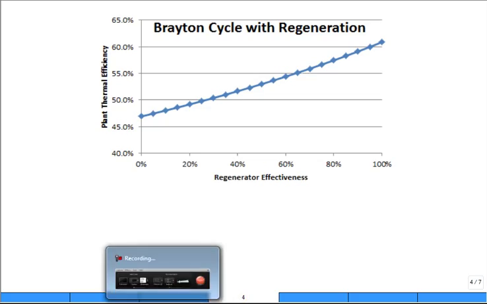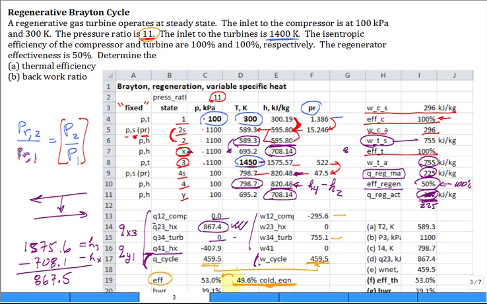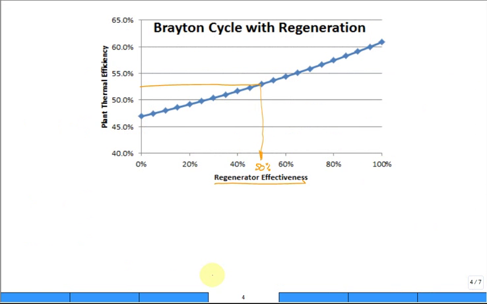Also, what you can do is, that problem we just solved used 50% for the regenerator effectiveness. And we calculated the thermal efficiency, what, 53%? I have to go back and look right quick. 53%, yes it was. If you decrease the regenerator effectiveness, let's say it goes to 0, what does that mean?